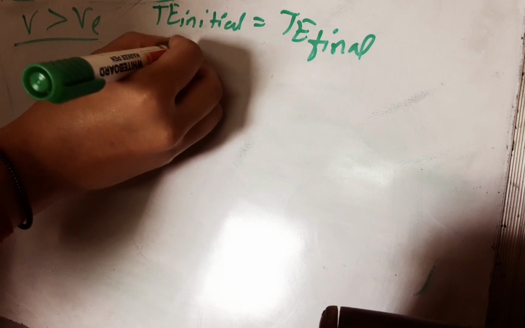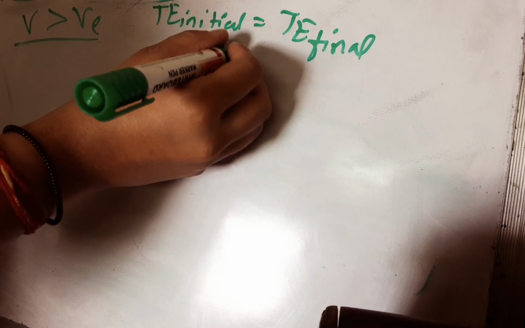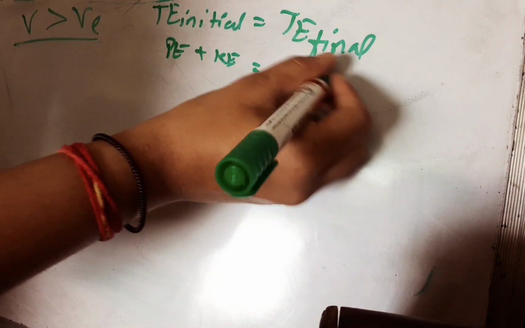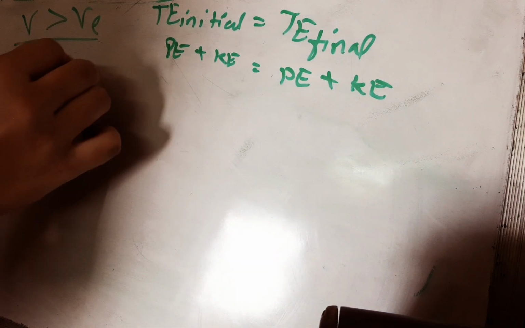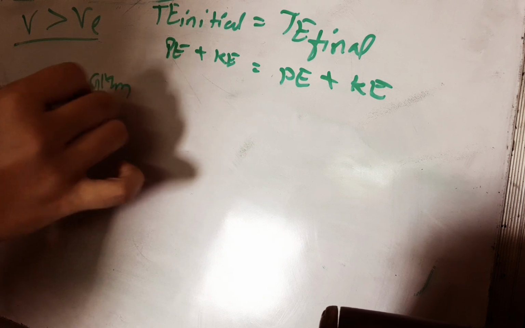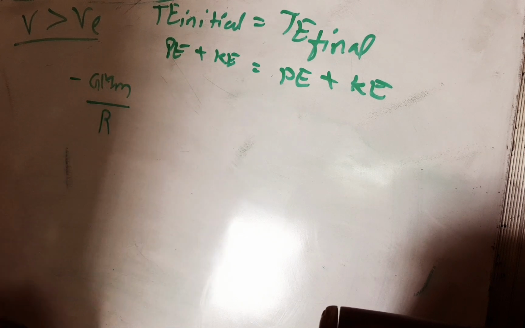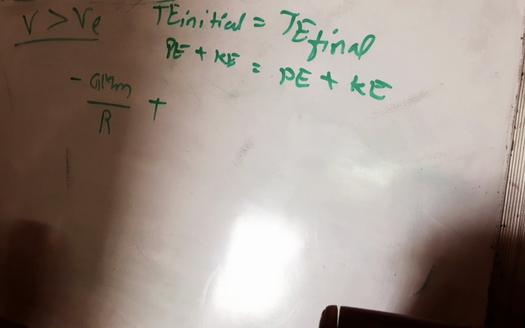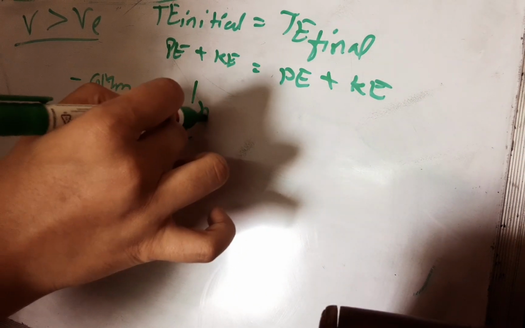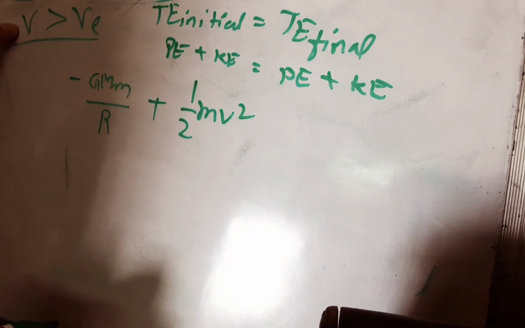Initial potential energy plus kinetic energy is equal to final potential energy plus kinetic energy. Potential energy is minus GMm upon r, because we are at the surface of the Earth, plus kinetic energy, which is half mv square, since we are projecting with this velocity.